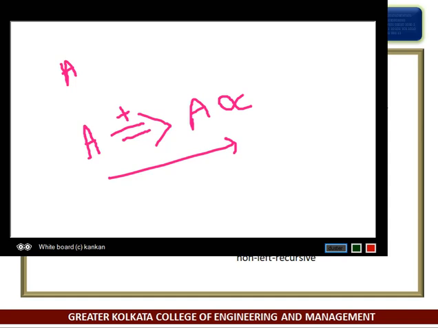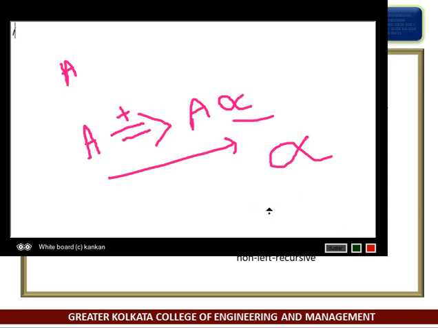So how is it possible? This is possible for some string alpha, and top-down parsing methods cannot handle left recursive grammars. So a transformation is needed to eliminate left recursion. So what is immediate left recursion?